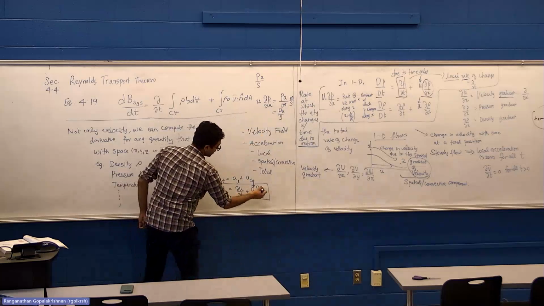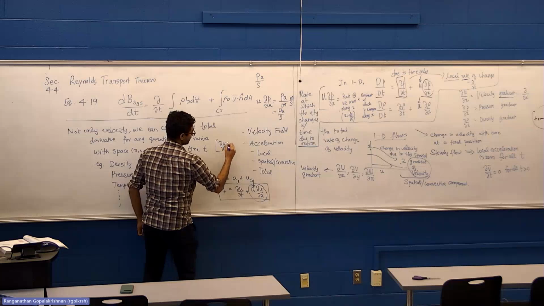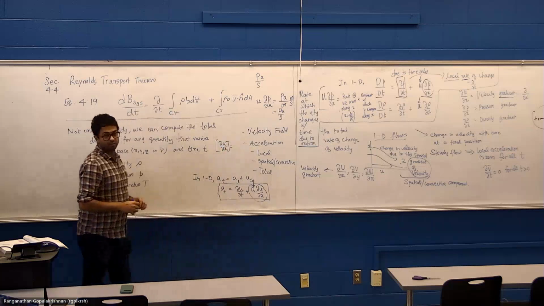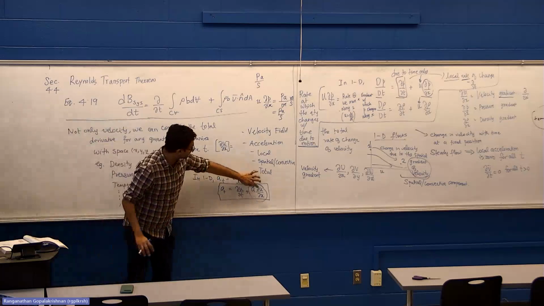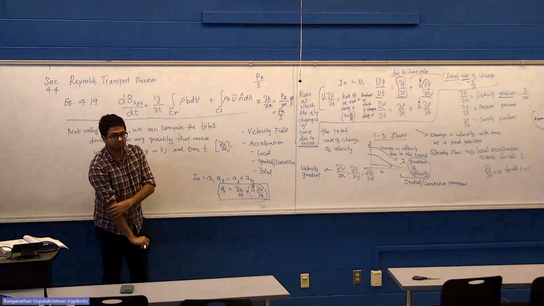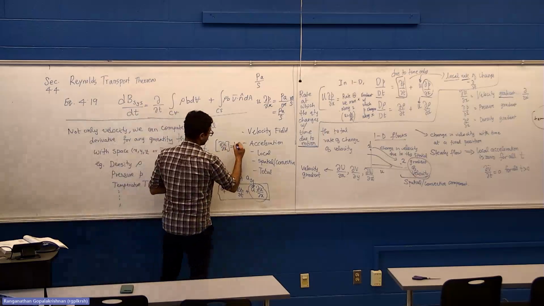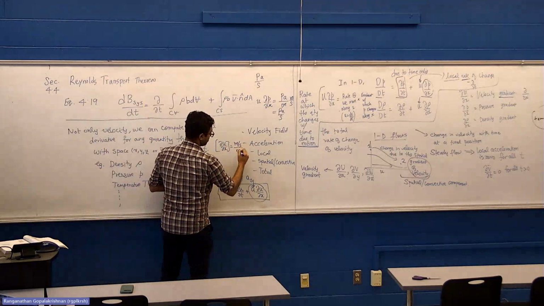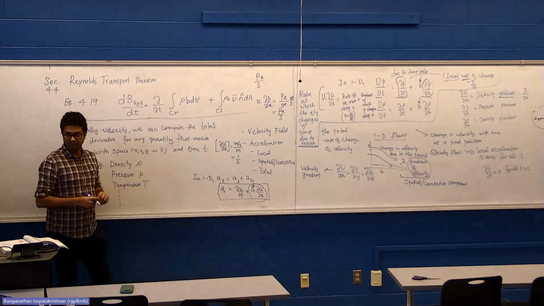What is the unit of pressure gradient itself? Sorry, not pressure gradient. What is the unit of velocity gradient? Can you tell me? Per second. That is meter per second divided by meter. So that is per second. Okay.